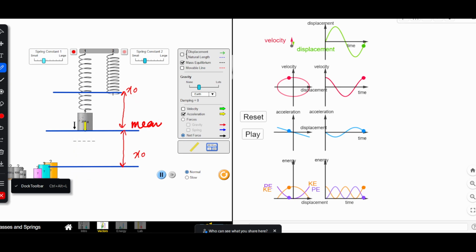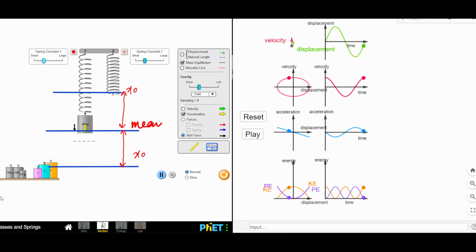Now notice the arrows that are represented over here in yellow and black. Let's pause this animation for a second. At this point you can notice that the yellow arrow is downwards and the black one is also downward, because they are representing force and acceleration.